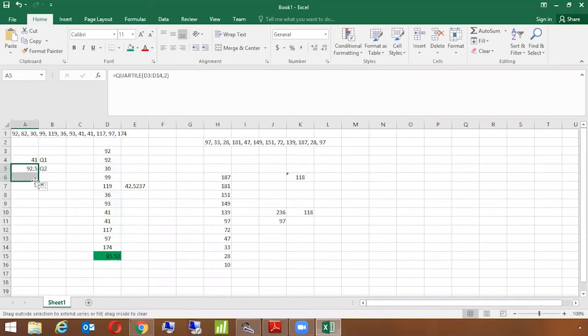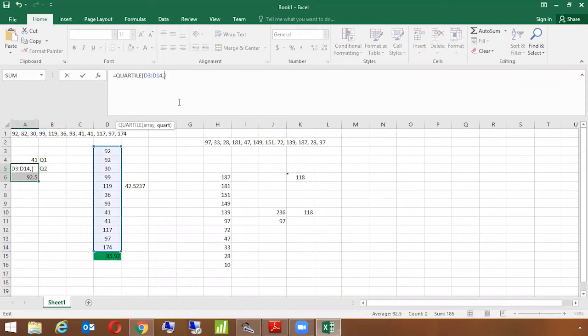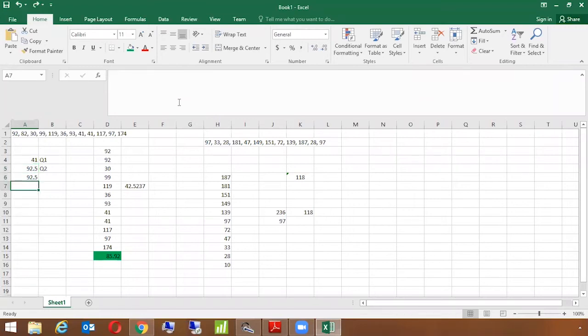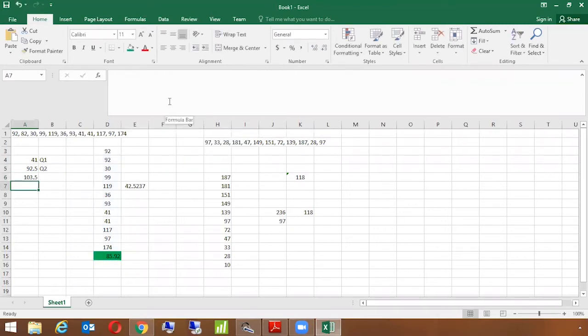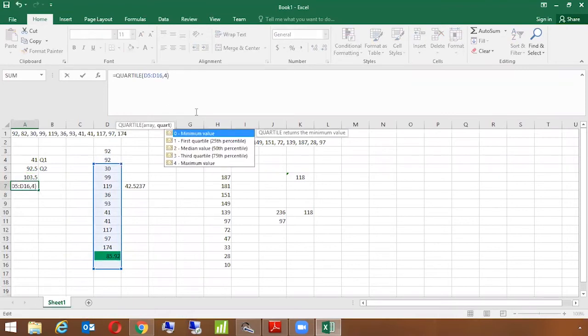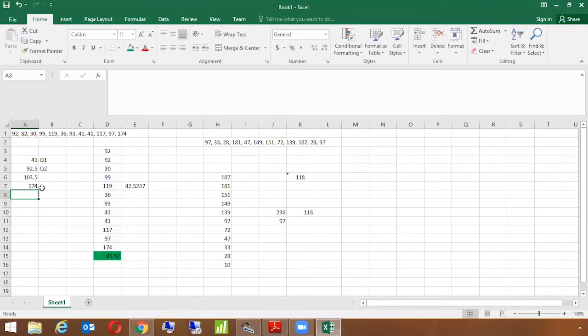I'm just using this formula and changing it to 3 here. So 103.5 is my Q3, and if I want to do Q4 here, 174 is my Q4.